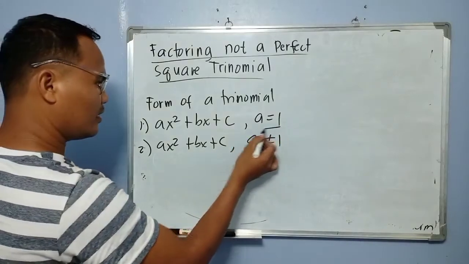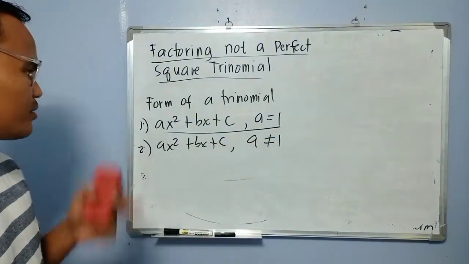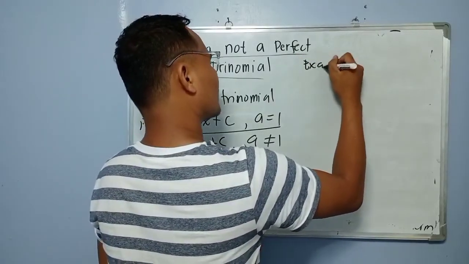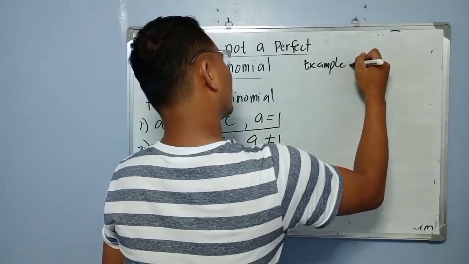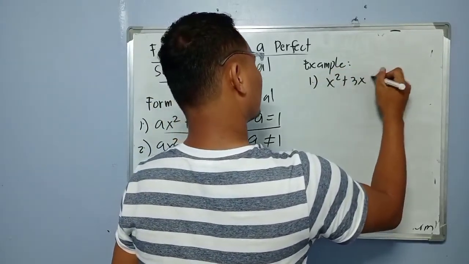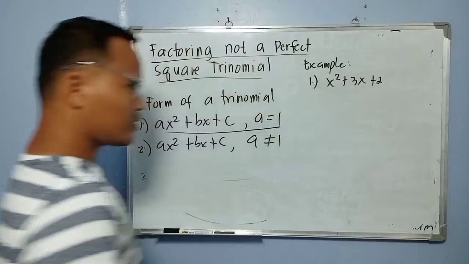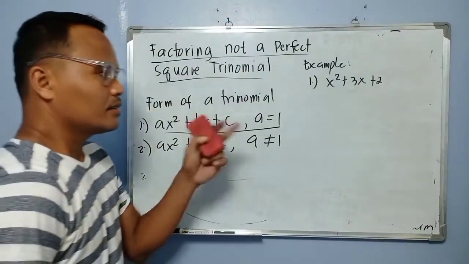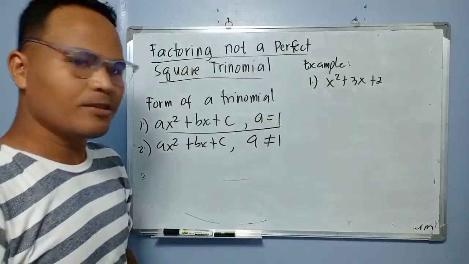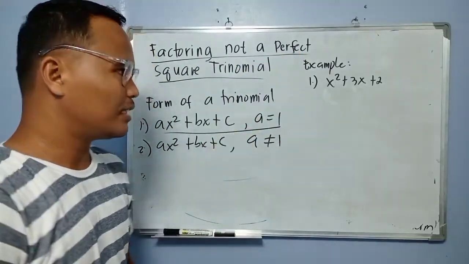Let us now take the first form, ax squared plus bx plus c, where a is equal to 1. Example: x squared plus 3x plus 2. This is a trinomial that is not a perfect square trinomial, and a is equal to 1.